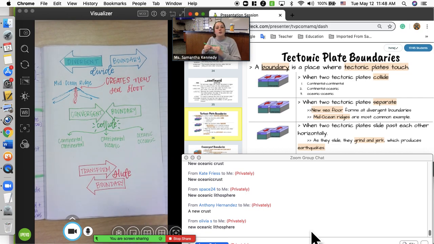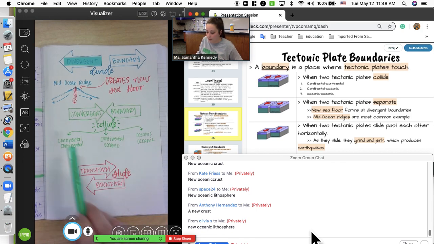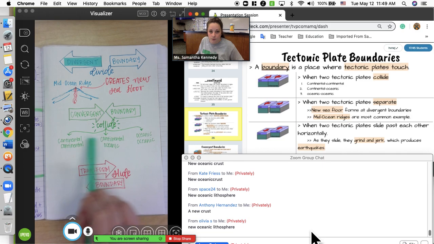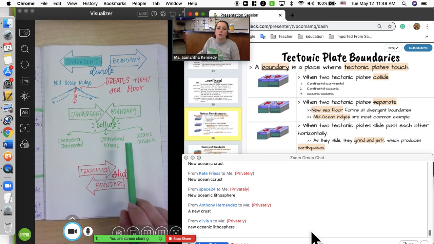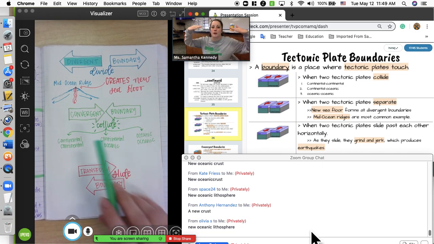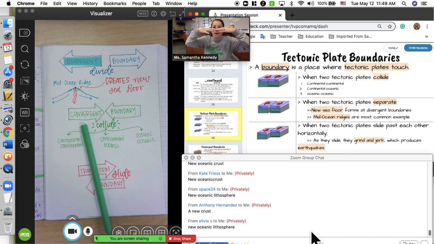Okay. What do you think is created at a convergent boundary? We're going to talk about 3 different things that are created from each of these. What do you think is created when we have these giant pieces of crust colliding at each other? They're going to buckle, collide, and it's going to create what?